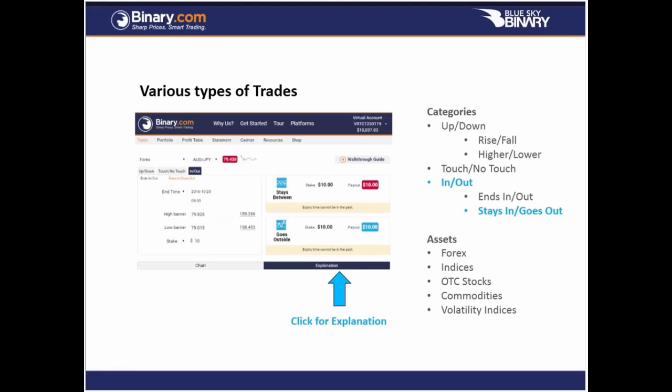We want the price to end either in or out of those barriers. For the stays in, stays out, we actually select a period, which is a bit different. So for that, we have an expiry. That means that when the trade expires, we have either one of the two outcomes.